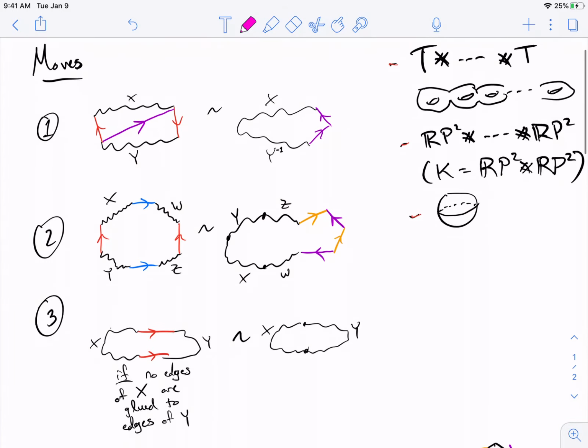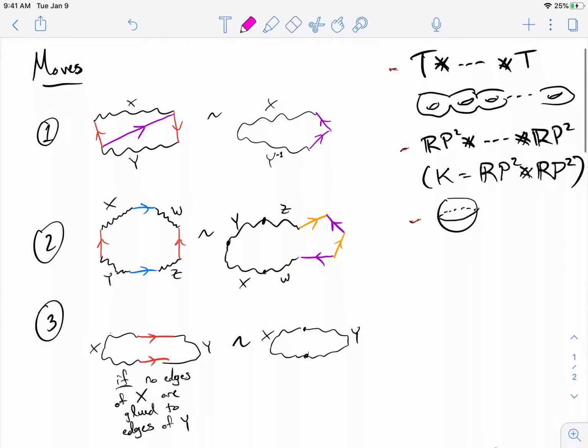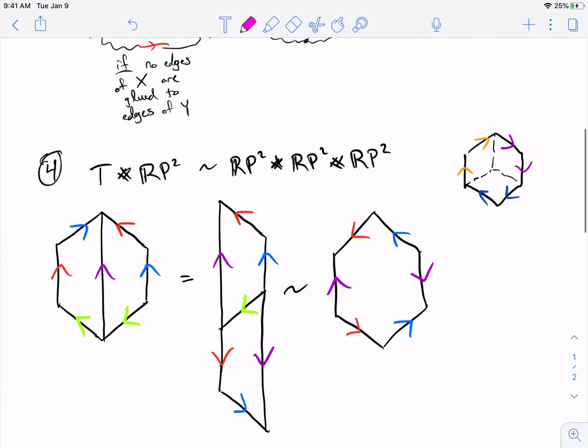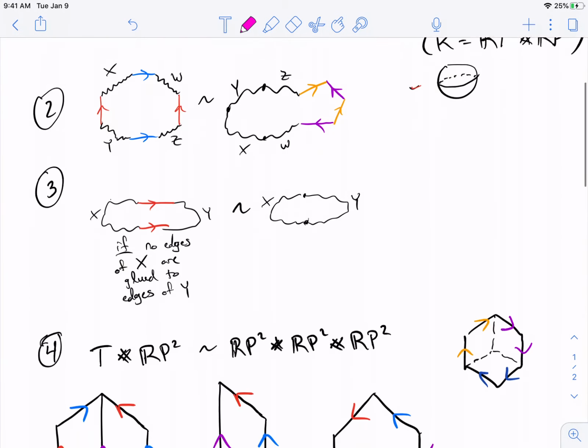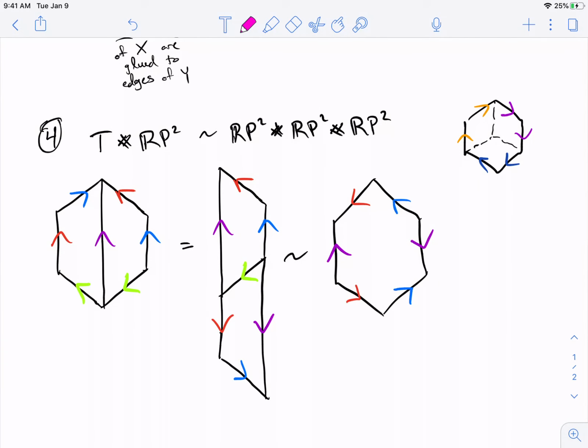Now I'm kind of looking back at these moves because I know these are all sort of good ideas, and 2 and 3 don't apply. I don't see either of those situations in this hexagon here, but 1 certainly does. Actually, it applies a lot because I've got 3 pairs of edges, each of which is glued with a twist. So I would like to do move 1 to get those edges adjacent to each other.